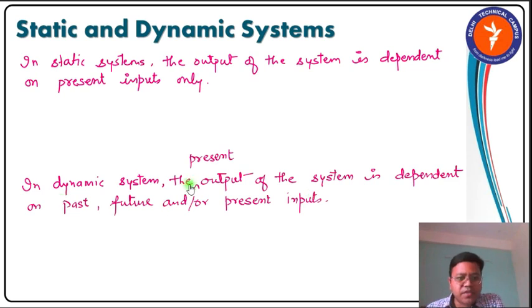So in dynamic system, the output of the system may be dependent on past inputs, future inputs, or present inputs, or all of them. That is, in this, the output is dependent on past, future, and present inputs. Let us have some example of it.